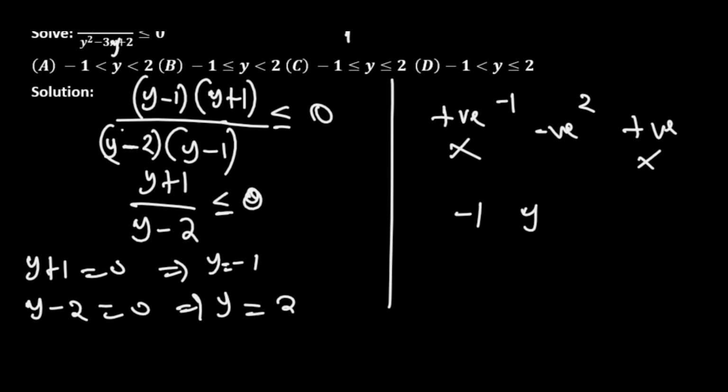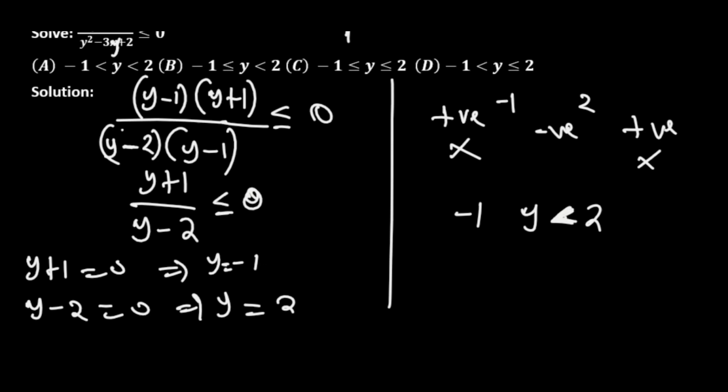and 2. But you need to be careful here, because this is another tricky one. You notice that it has an equality sign, but if y is 2, the denominator will be undefined. That is, 2 minus 2 is 0. So we won't include 2 in the interval.